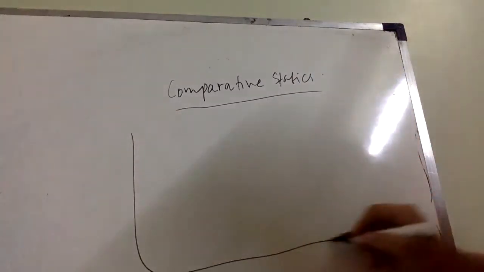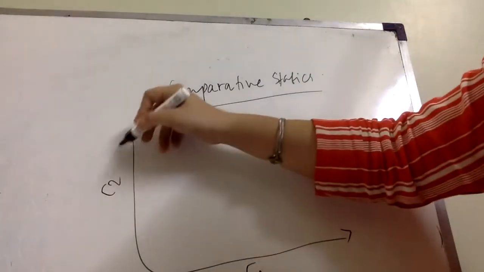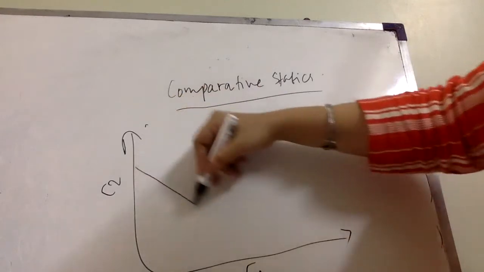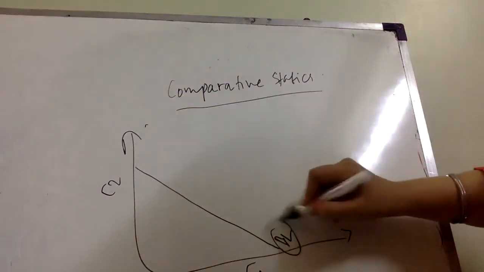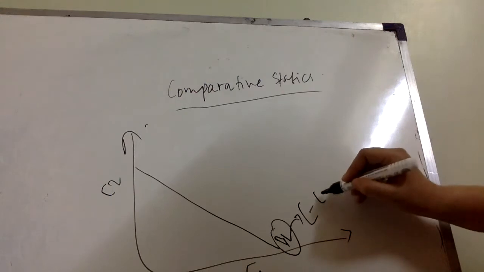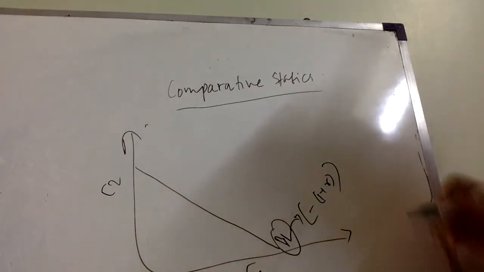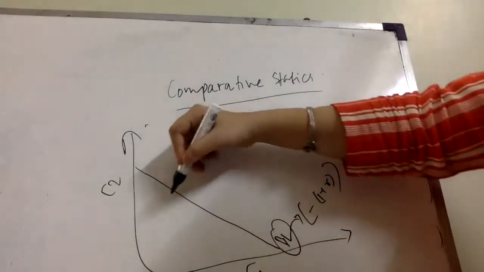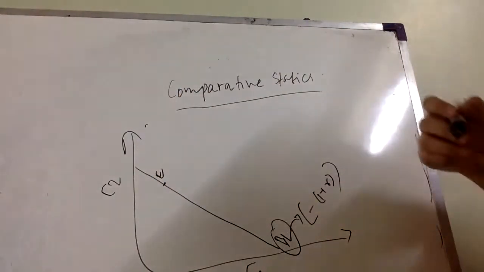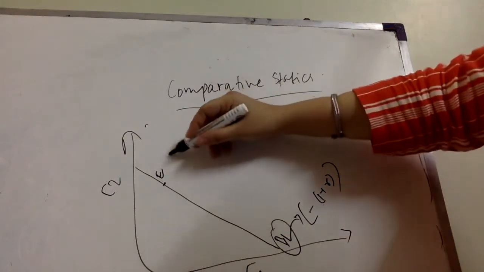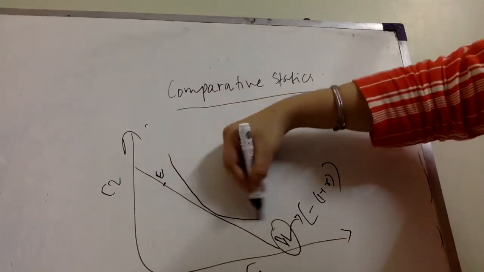Having plotted C1 on the x-axis and C2 on the y-axis, let's take a downward sloping budget line with slope minus 1 plus R, as we computed. If this is my point of endowment, my indifference curve passes through the budget line and touches it at a point.